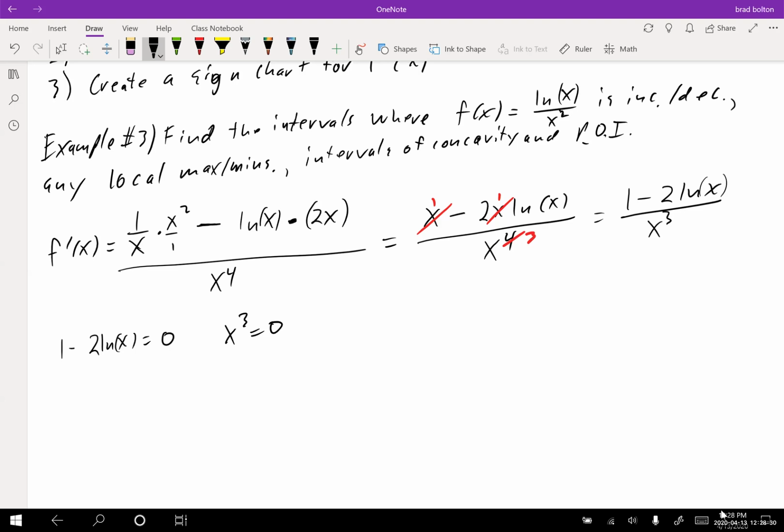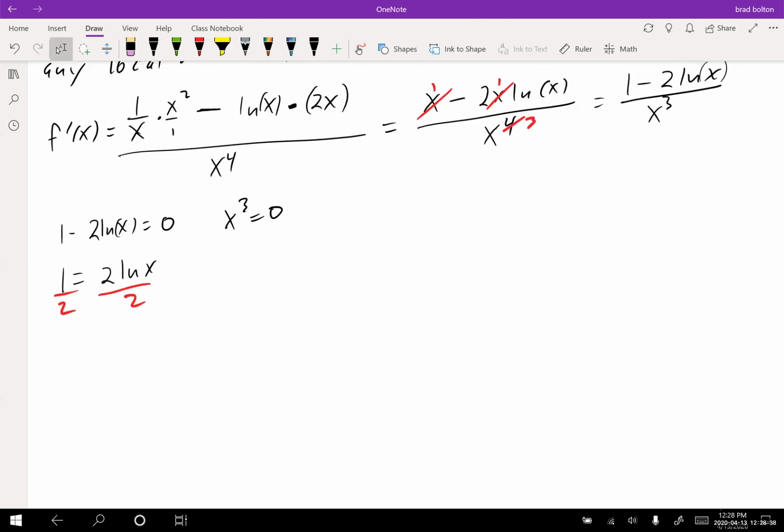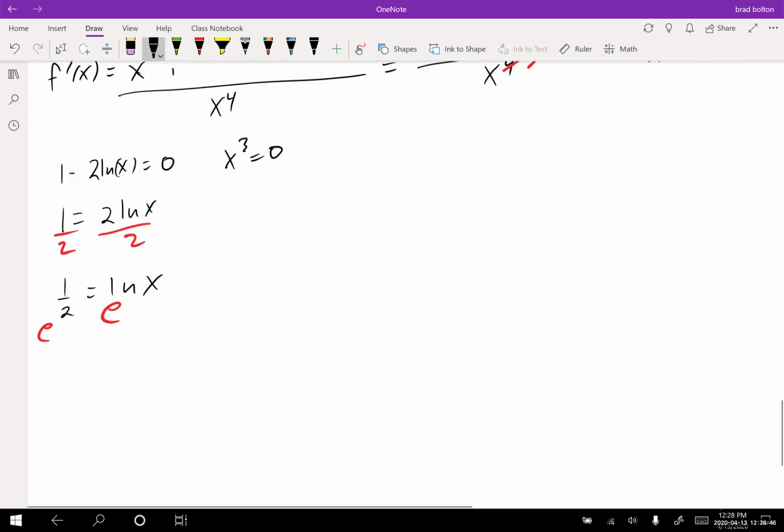So we know that 1 equals 2 ln x, so then divide both sides by 2. So we then have 1/2 equals ln of x. So we can use the property of exponents. So we get e to the 1/2 is equal to x.